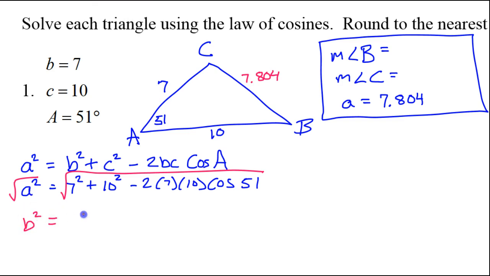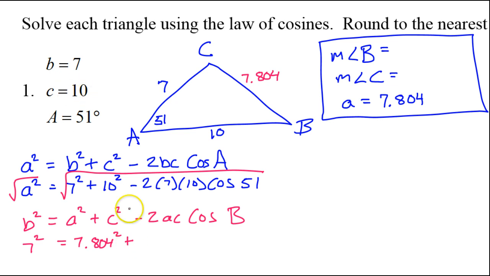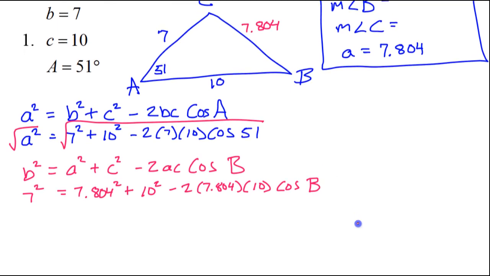So B squared is equal to A squared plus C squared minus 2AC cosine angle B. I know what B is, so this will be 7 squared is equal to A squared, so that's 7.804 squared plus 10 squared minus 2 times 7.804 times 10 cosine of angle B. So we know everything in here except for angle B, so that's what we need to solve for right now.